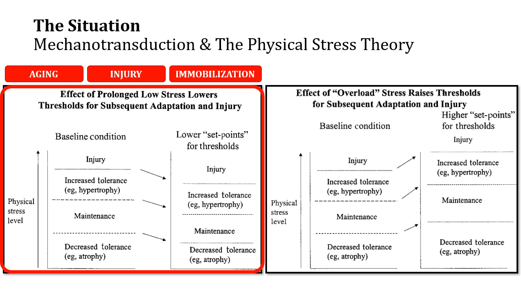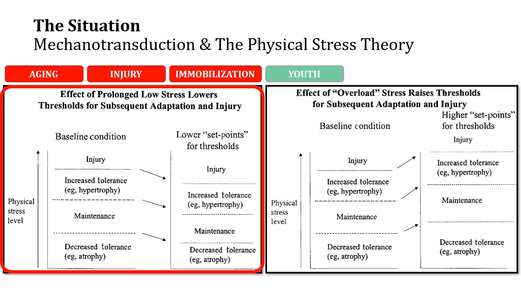The physical stress is on the y-axis and you have the baseline condition, and you can see that due to either aging, injury, immobilization, lack of training, so on and so forth, deconditioning of sorts, that you have lower threshold points for not only atrophy, maintenance, the increased tolerance to physical load or mechanical stress, and thus reducing the threshold at which injury can otherwise occur.